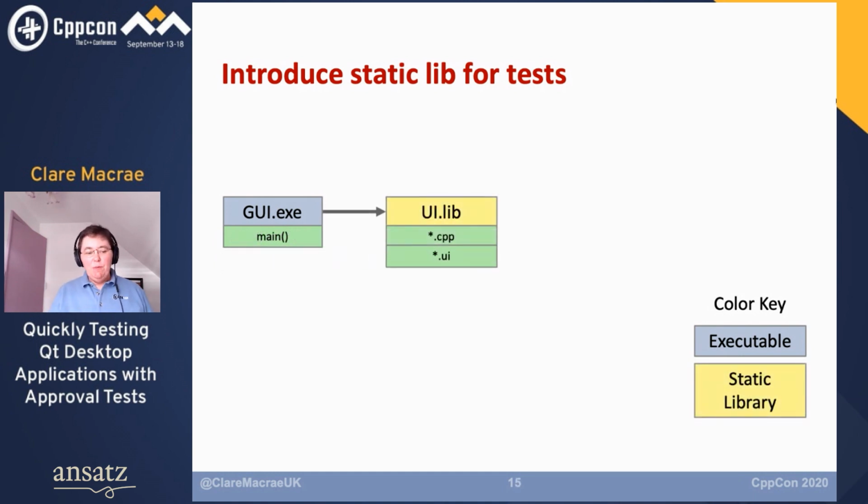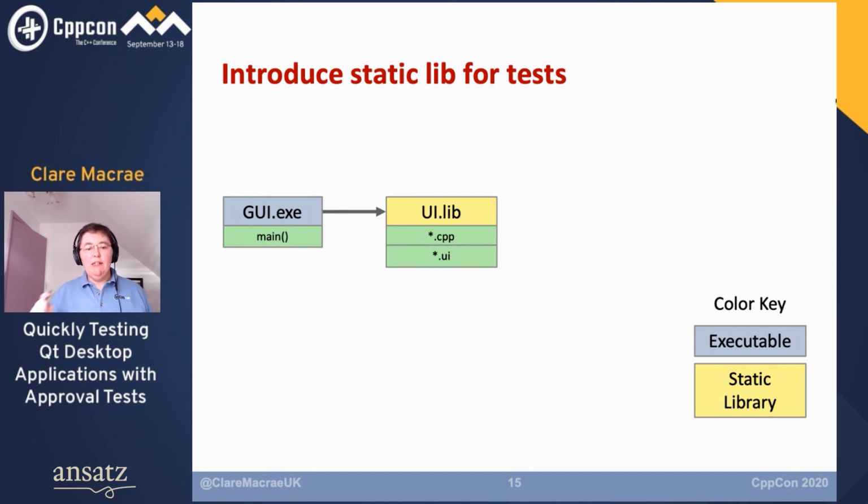And what you need to do is change your build system to divide that into two, so that your GUI program links the main and links in a static library, which here I've called UI.lib, which contains all of the other CPP files and the UI files as well.